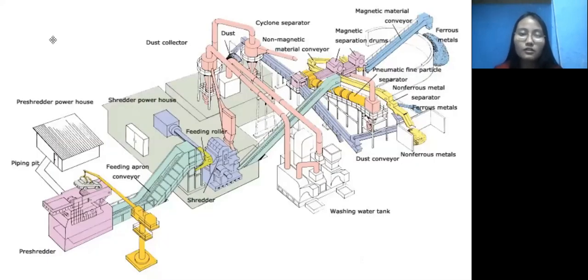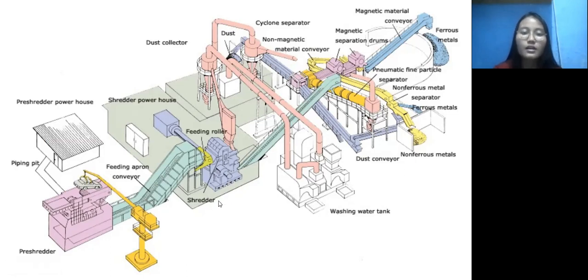Okay, this is the layout of a scrap preparation plant from car scrap. The process begins with this machine. This is a press machine, so the car will be charged into the press machine and pressed to a smaller size or smaller pieces, and then fed into a conveyor and charged into the shredder.